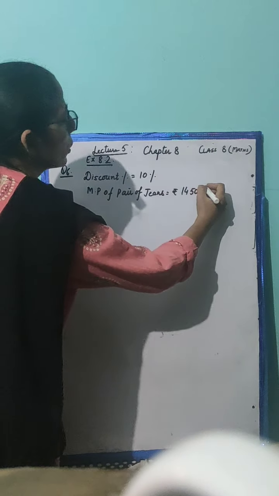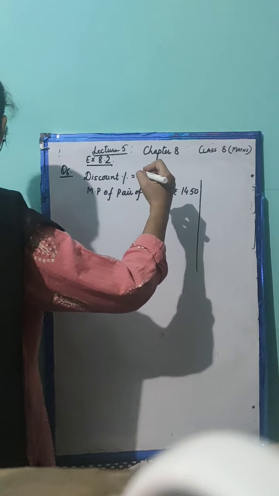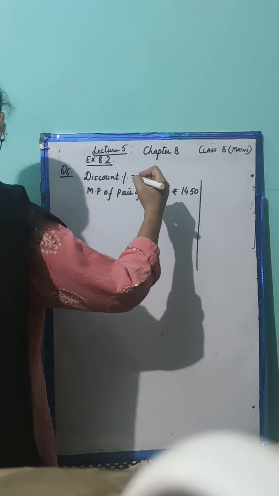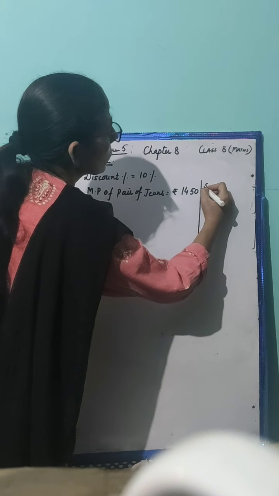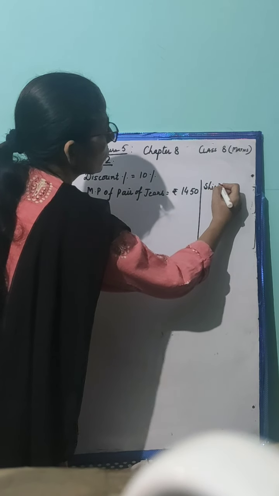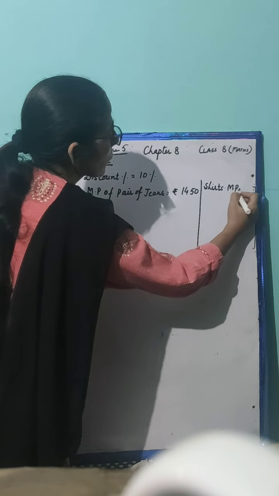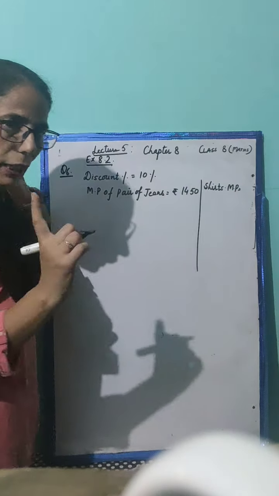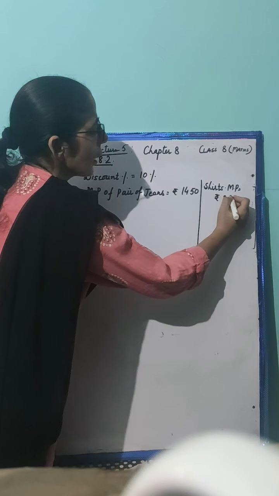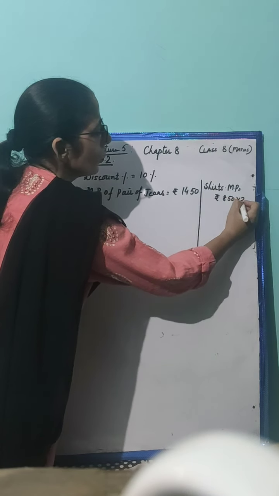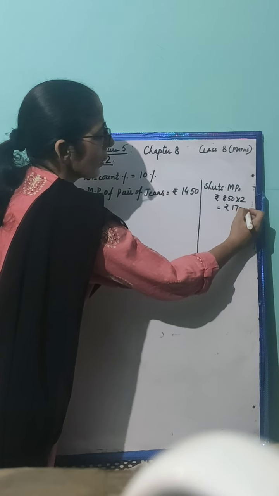And simultaneously 2 shirts. The cost of 2 shirts, the marked price, is 850 rupees each, so rupees 850 into 2, that is equal to rupees 1700.